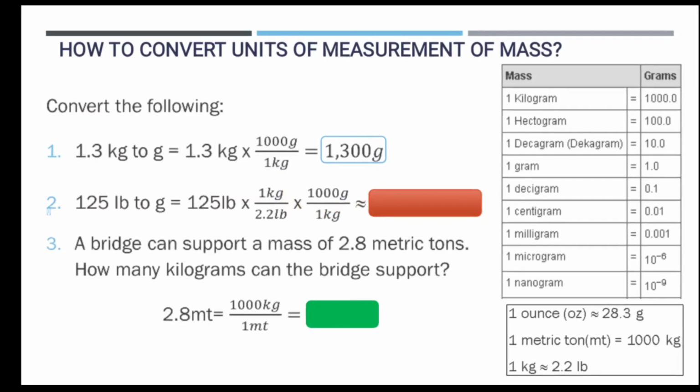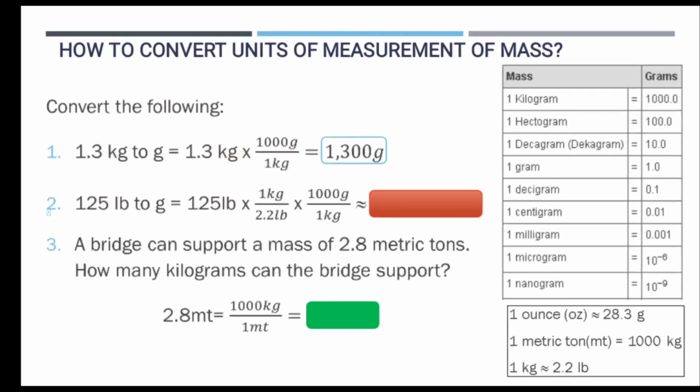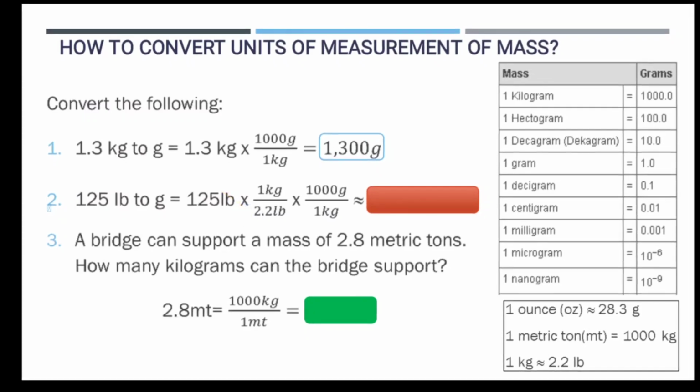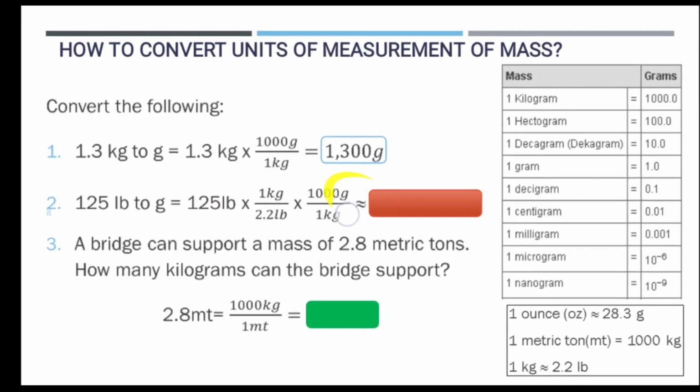Now, let's simplify this. 125 pounds times 1 kilogram times 1,000 grams. So numerator times numerator times numerator. We can cancel pounds and we can cancel kilograms to obtain grams.